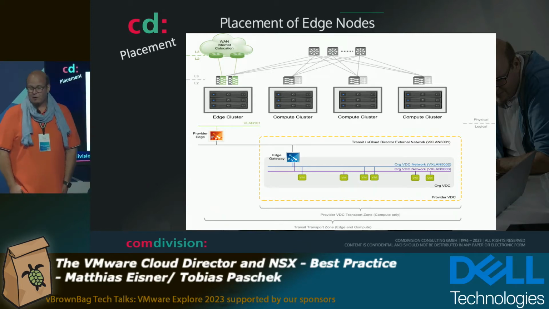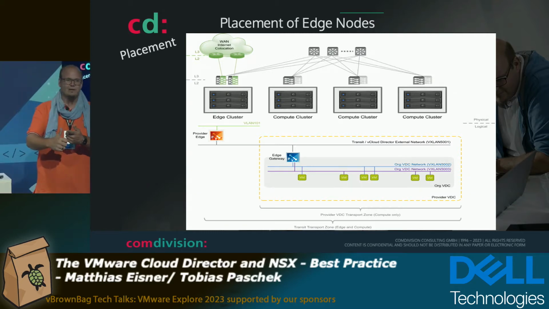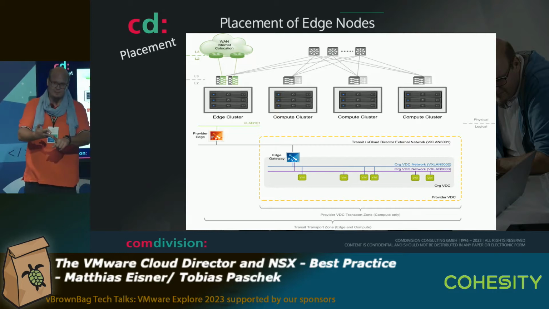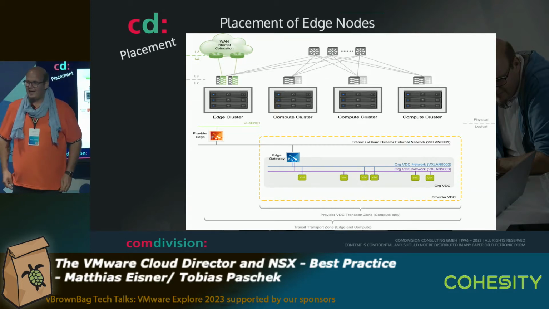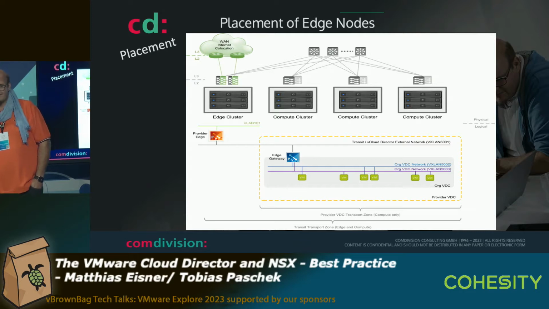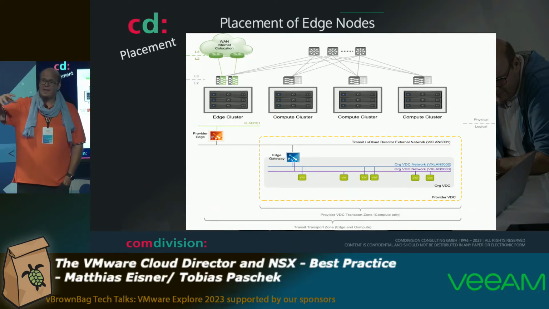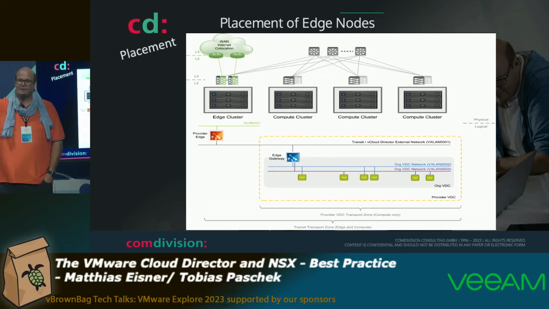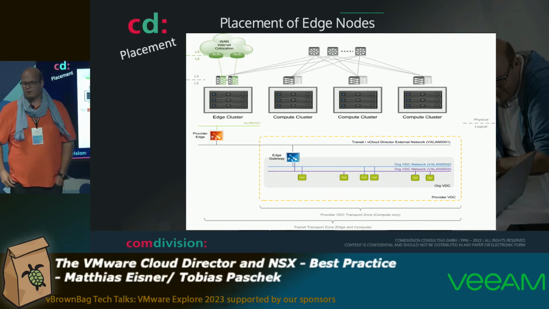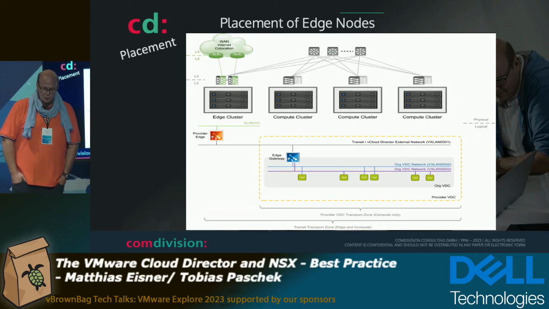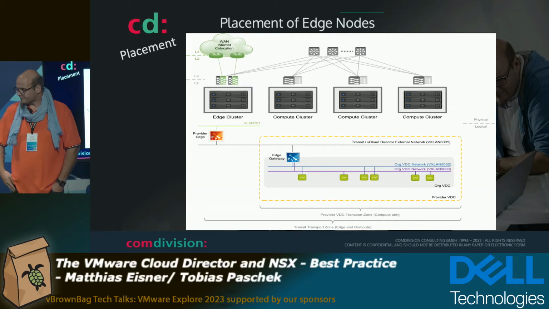The placement of the tier 1 gateway for the customer, where we have our stateful services like firewalling, like NAT, like IPsec policy-based VPN, makes absolute sense on the workload cluster, because I would like to achieve that all of the traffic, which maybe needs to go via the tier 1 gateway, does not need to walk over my whole data center environment and come back to another virtual machine, maybe running on the same cluster. So it makes sense to have it placed as near as possible to my customer workload.